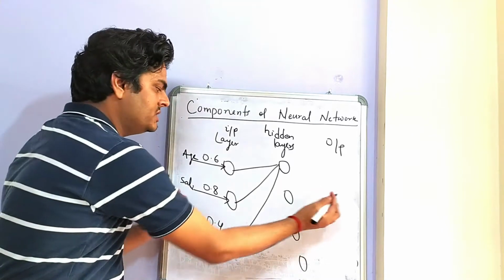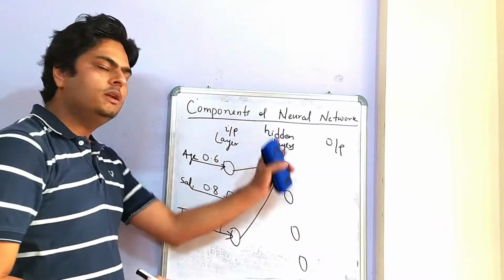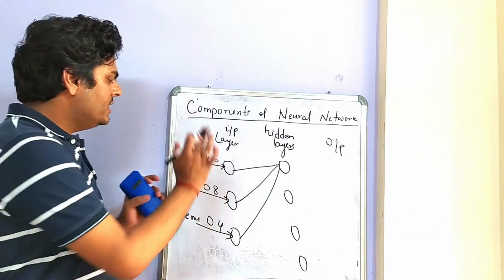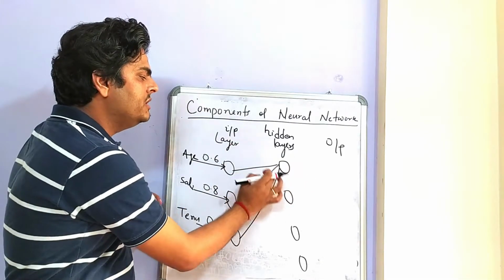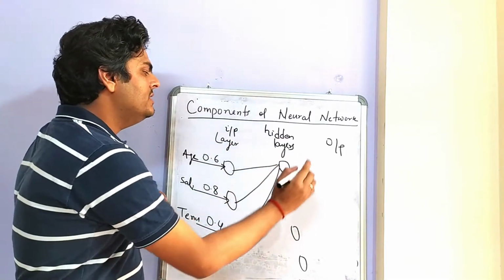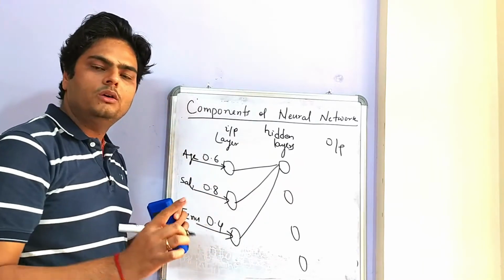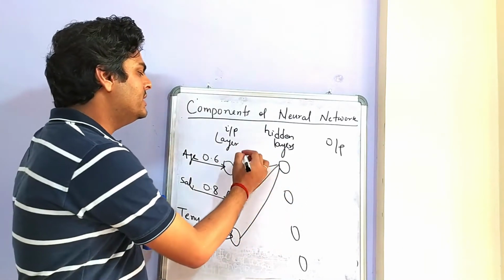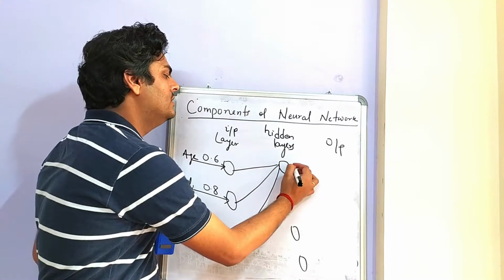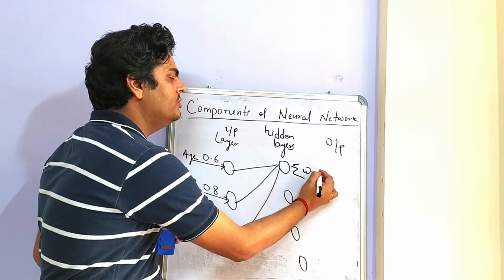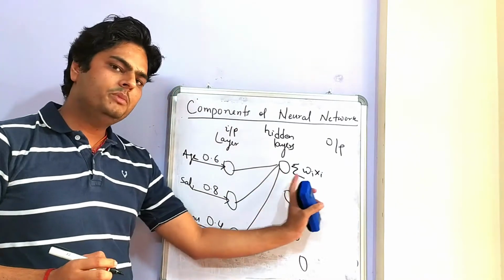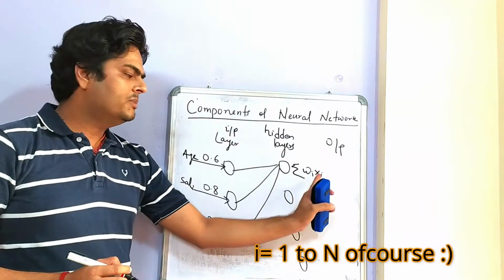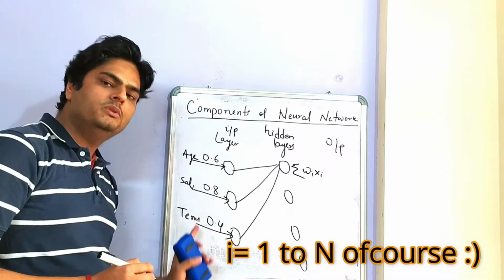Just to keep the picture simple, I am connecting to one hidden layer neuron only. Now, what will go as input here is, this is step 1 of an artificial neural network, nothing but the summation of WiXi. What is the meaning of this? All the weights multiplied by the respective values of the input features.